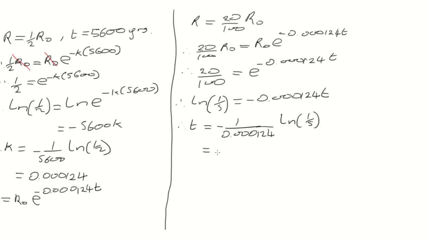So then what is the answer from there? Let me check. It's ln 1 over 5, so divide by minus 0.000124. So we are getting that t is equal to 12,979 years. Okay, so it's really an approximation basically.